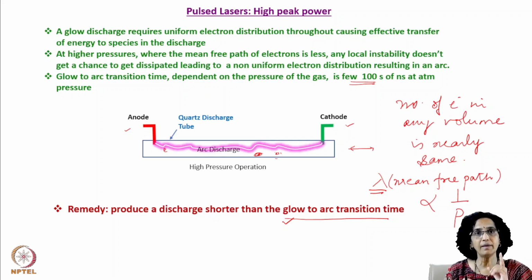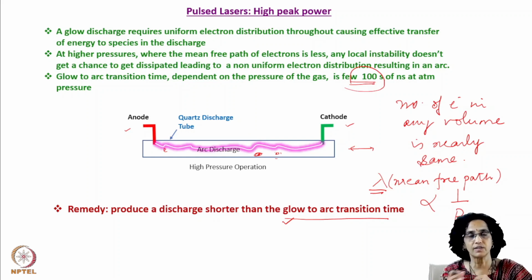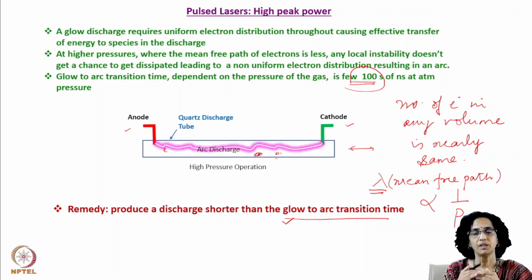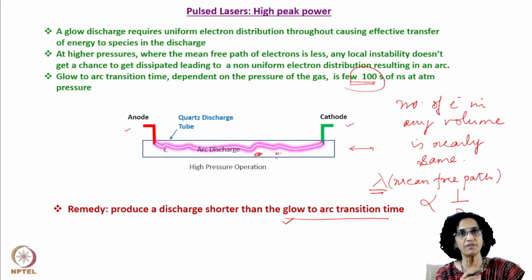So the remedy is that you don't have a CW discharge. You pulse your discharge and let the discharge duration be within the time glow to arc transition takes place. If it is within that glow to arc transition time, then you ensure that you have a glow discharge, and in that time, you can have population inversion.